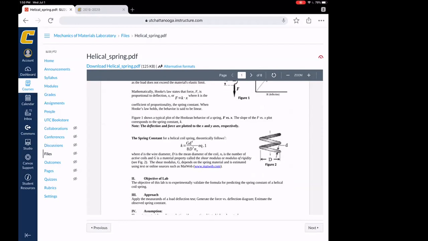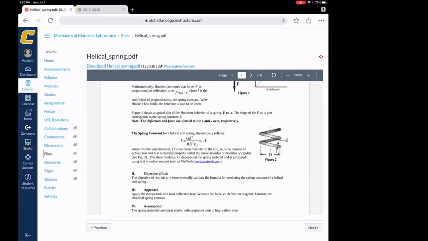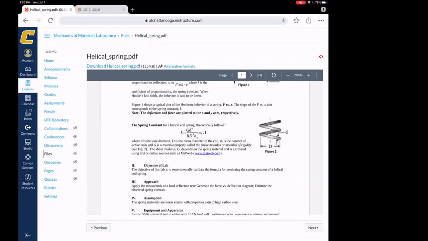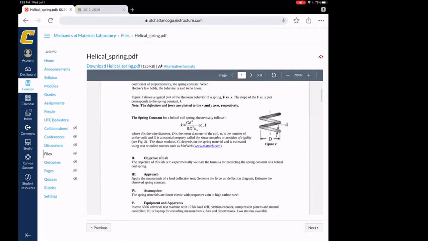You don't need to do any manipulation or substitution of equations. K is equal to G d to the fourth power over 8 D cubed N A, and all those parameters are explained in this figure.